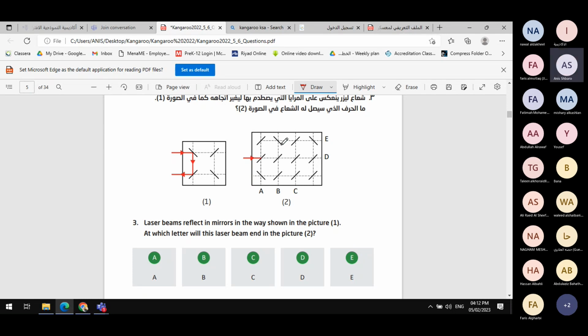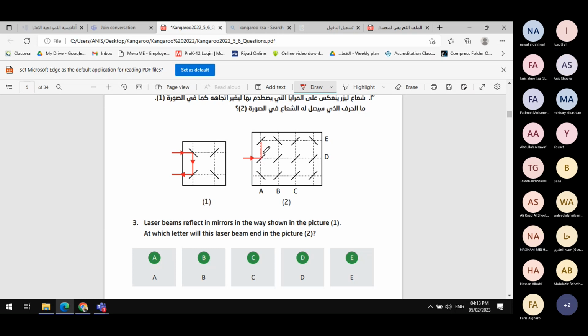We're going to move using our fingers. Yes, who's talking? Nagam. Yes, Nagam. So the laser beam is going through in picture number 2. The laser beam is going through the first mirror and will go to the left mirror. In fact, it will reflect up.